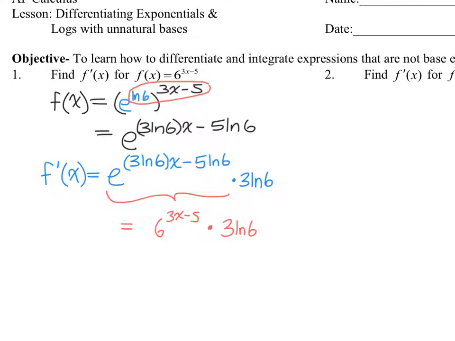But again, the shortcut. I think this is kind of shortcutty because we didn't actually show how the 6 became e to the ln of 6. But a shortcut even to that, which demonstrates really no understanding of calculus but will still get you the right answer, would be: rewrite, multiplied by the derivative of the exponent, multiplied by the natural log of the base.